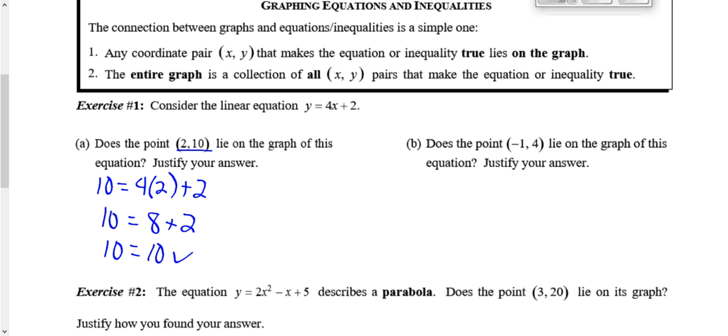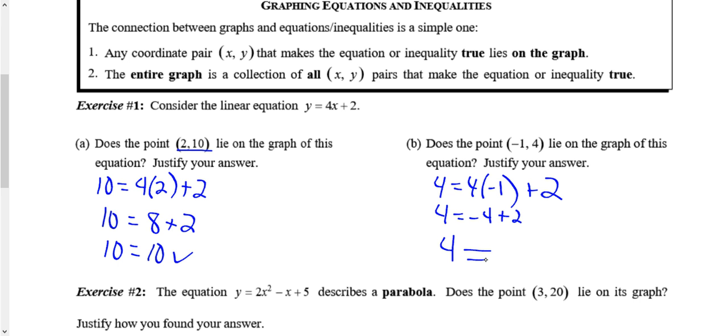No. What did you get in your final line? 4 equals 4 times negative 1 plus 2, so 4 equals negative 4 plus 2. 4 does not equal negative 2, right? So no.